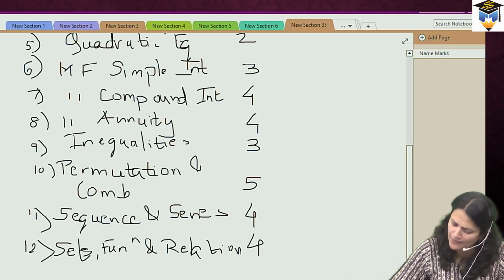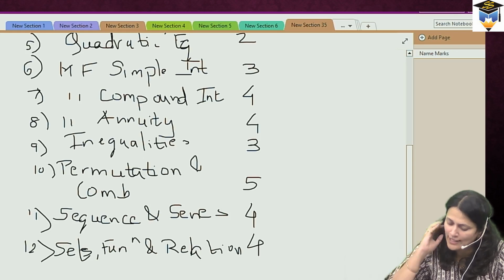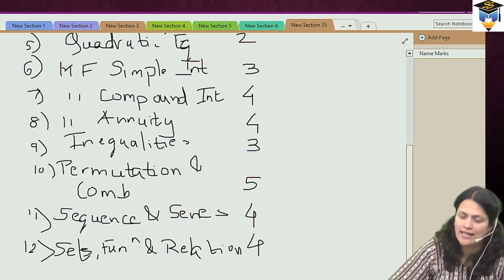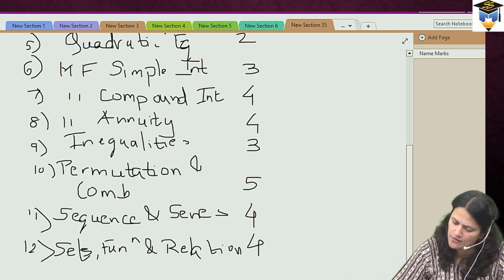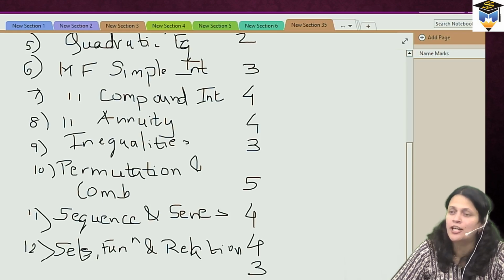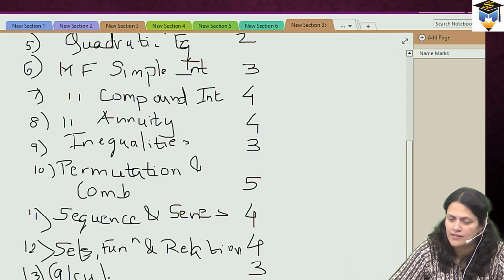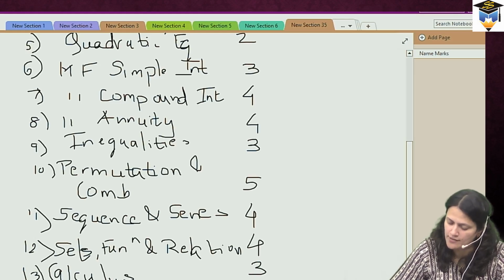Okay, next chapter, calculus. 3 marks, that is integration and derivative. Calculus, integration and derivative, which is asked together for 3 marks only.